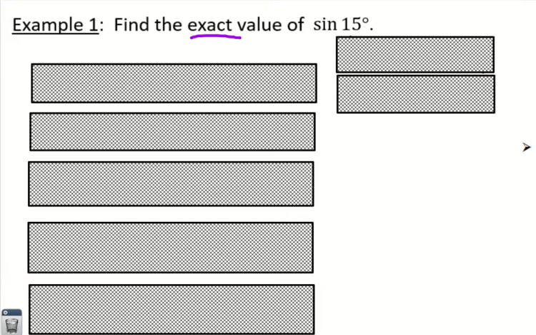And think about that. How can we utilize the sine of a sum of two angles or the sine of a difference of two angles and what they equal in those formulas? How can we utilize one of those formulas in order to work with the sine of 15 degrees?